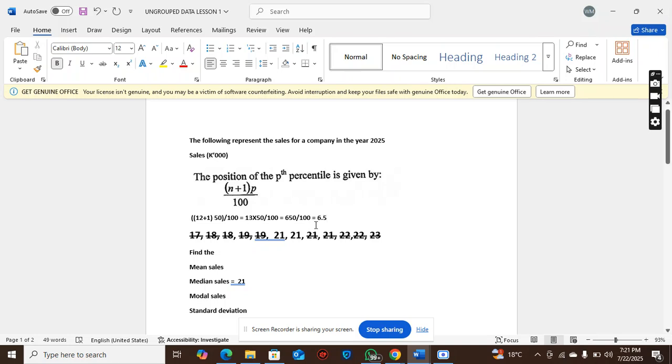So you come to your data set here and you look, where is the 6.5 position? One, two, three, 4, 5, 6. So 6.5 is between 21 and 21 here. That is the position of your median.